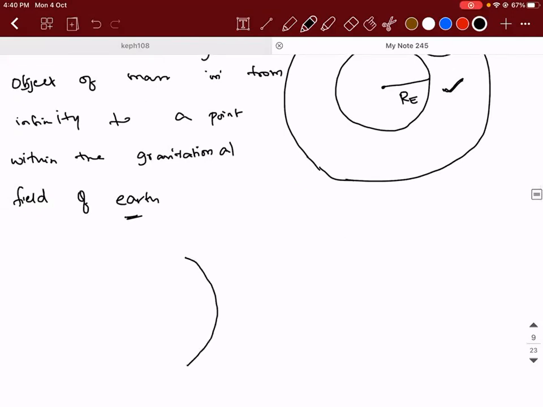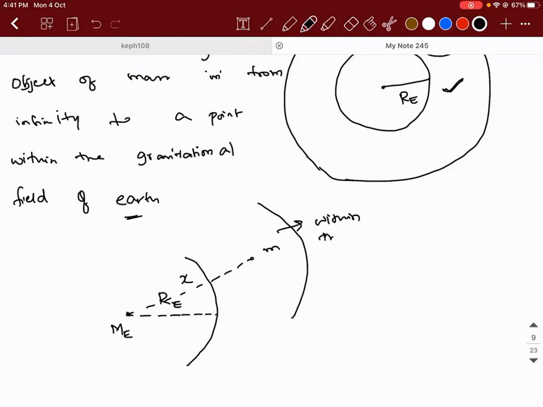This is Earth. The mass of the Earth is concentrated here, and let me call this the radius of Earth. There is a particle of mass m, which is at a distance x at some instant, where this mass is lying within the gravitational field.